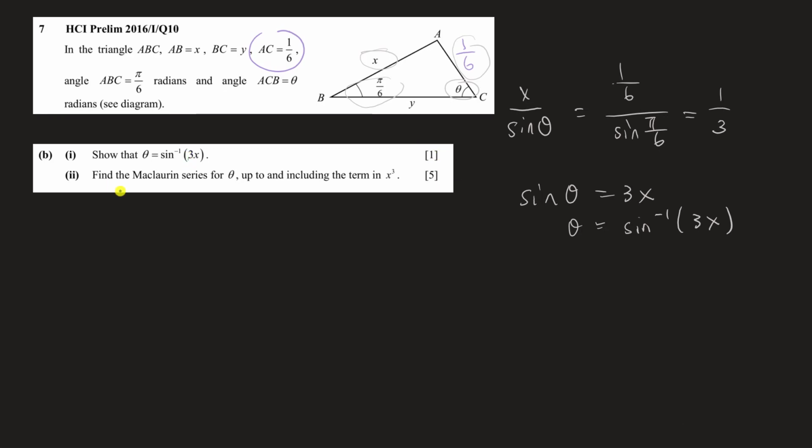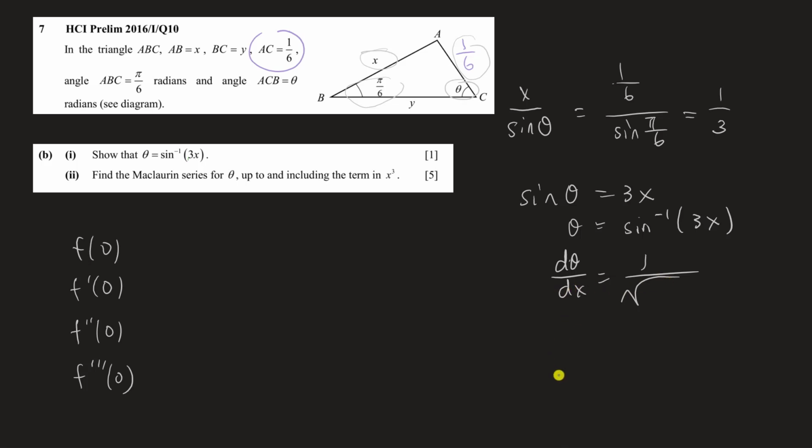Once we've done this, find the Maclaurin's expansion for theta up to and including x cubed. Expand this using Maclaurin's, and we do f0, f prime 0, f prime prime 0, f prime prime prime 0. Now it will be pretty horrible to straight away differentiate, meaning to straight away find d theta dx, because you will get some kind of fraction here with a square root, because that's the differentiation of sine inverse.